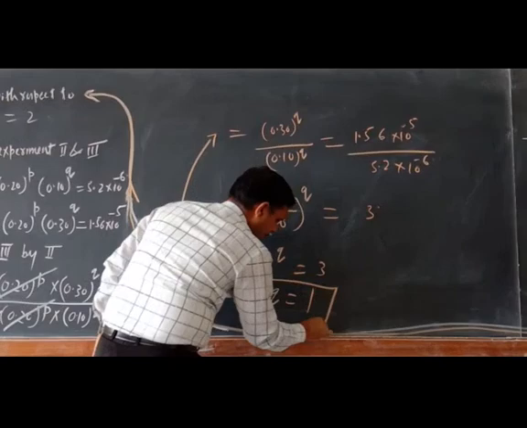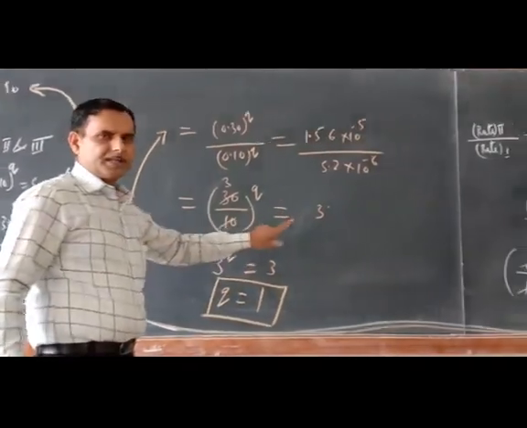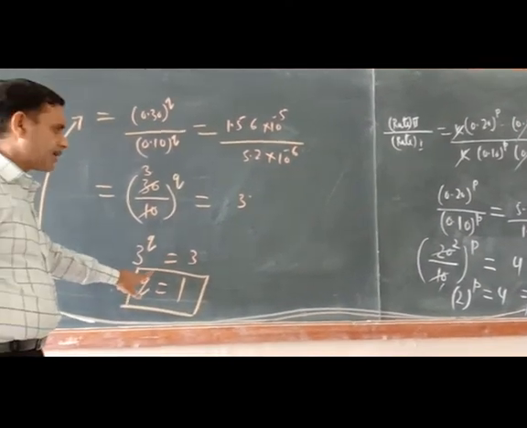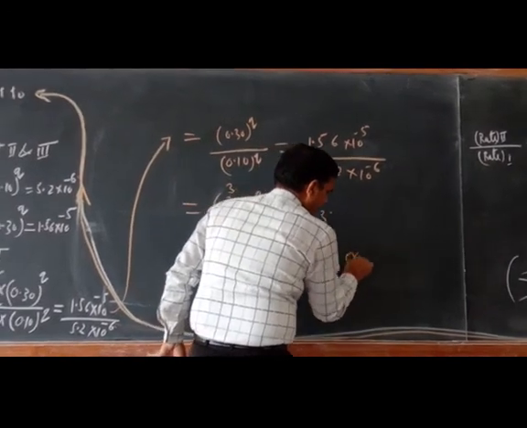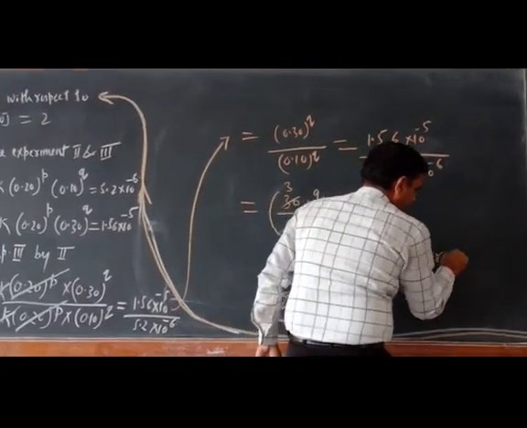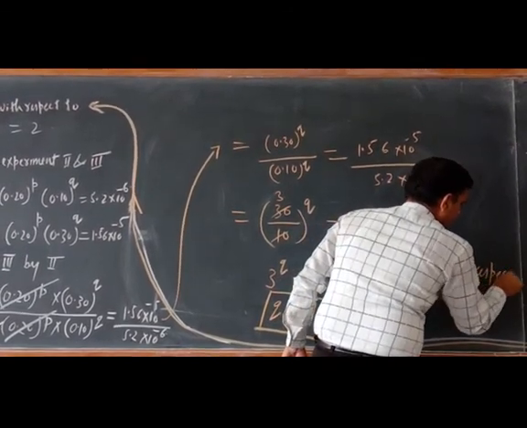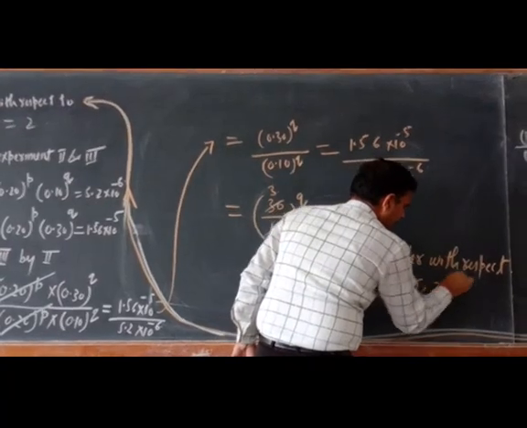So we have calculated here Q and P. In the first case we have calculated the P. Now in this case we have calculated the Q. So the order with respect to Br2 equal to 1.